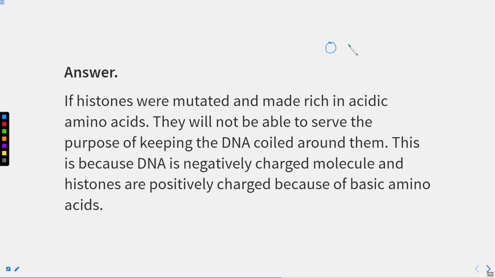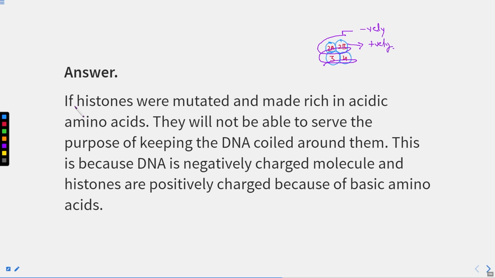You know, nucleosome is made up of a histone octamer: H2A, H2B, H3 and H4, two of each, so there are 8 of these, and the DNA is coiled around it. The DNA is negatively charged because of the presence of phosphate, whereas histones are positively charged.